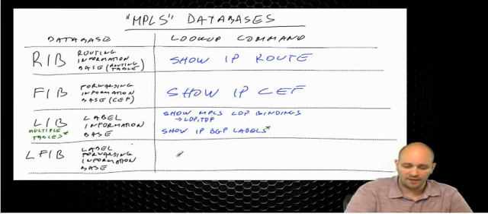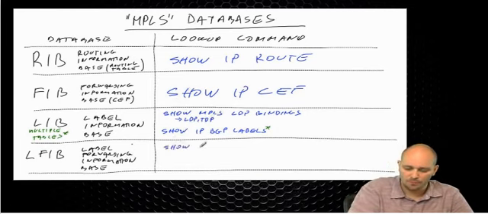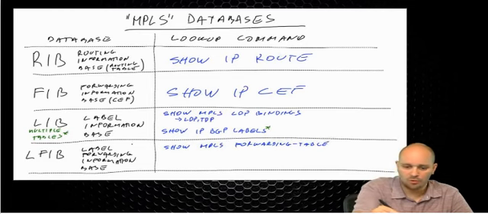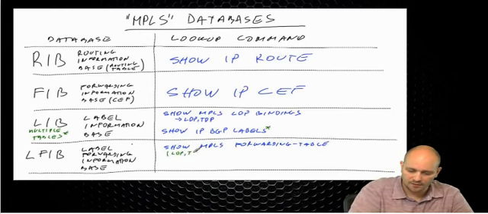Now, to look up the LFIB, again, you can have multiple commands for that. One is show mpls forwarding table, which will show you LDP and TDP derived labels.